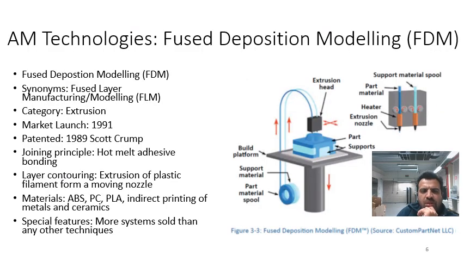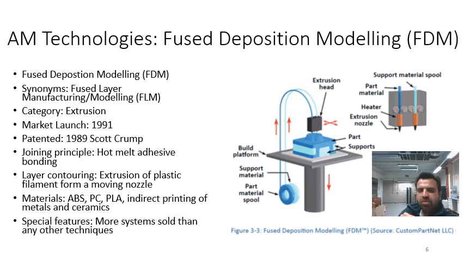Let's go through the important AM technologies. First, we will talk about fused deposition modeling, FDM, also known as fused layer manufacturing or modeling, FLM. This technology comes under the category of extrusion-based technologies.